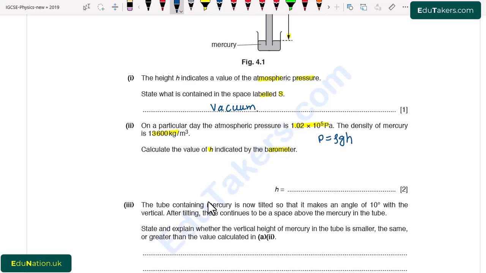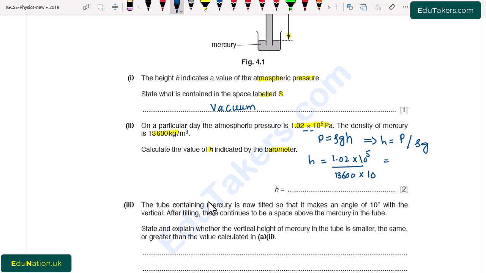Here we have to find out height. So h will be equal to P over rho g. Pressure is given, that is 1.02 × 10^5 Pascal, divided by the density, 13,600 kilogram per meter cube, and the acceleration due to gravity is 10.